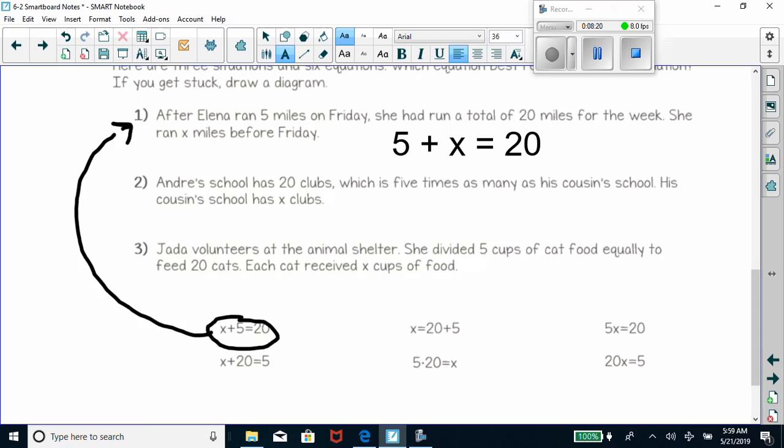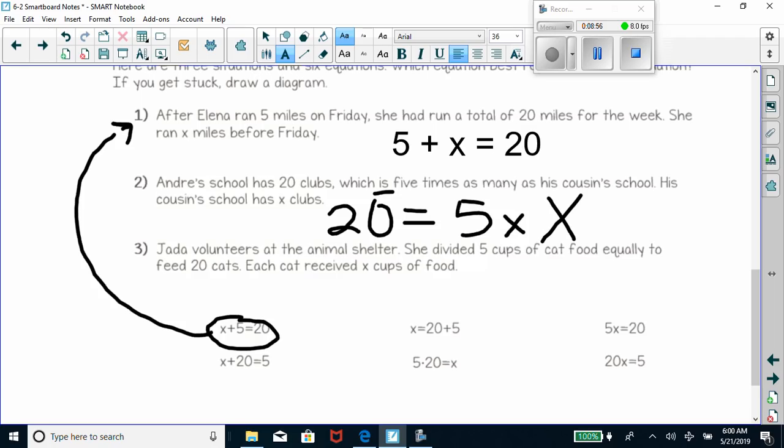Let's look on to number 2. Andre's school has 20 clubs, which is 5 times as many as his cousin's school. His cousin's school has X clubs. This is one of those where you can translate it into a mathematical expression almost literally from the verbal. Andre's school has 20 clubs, so he has 20, and that is, so that's our equal, 5 times as many as his cousin's school, and his cousin's school has X clubs.